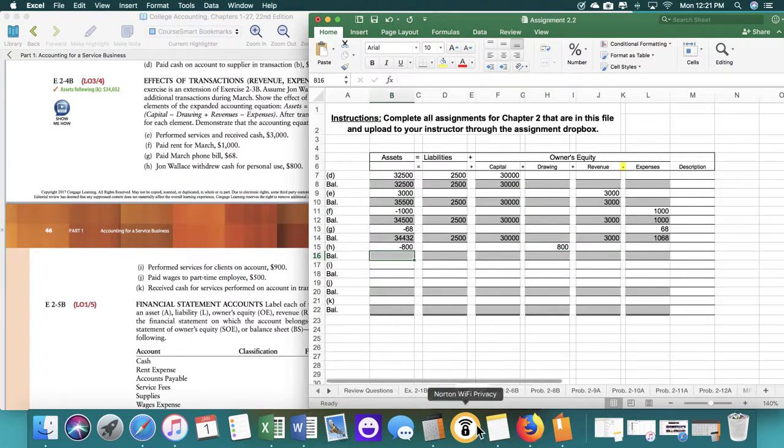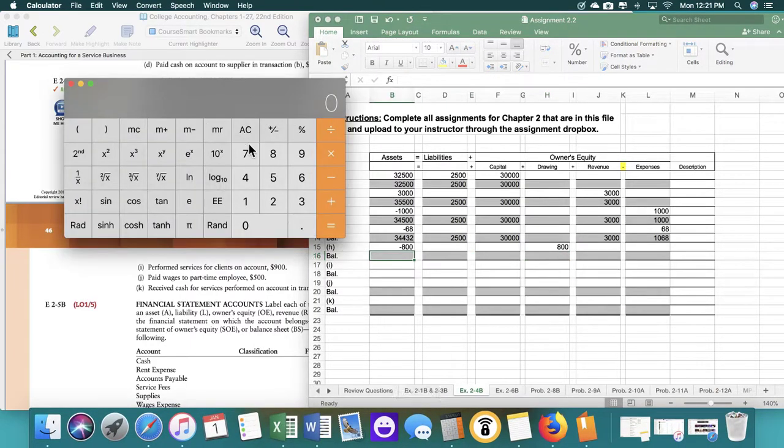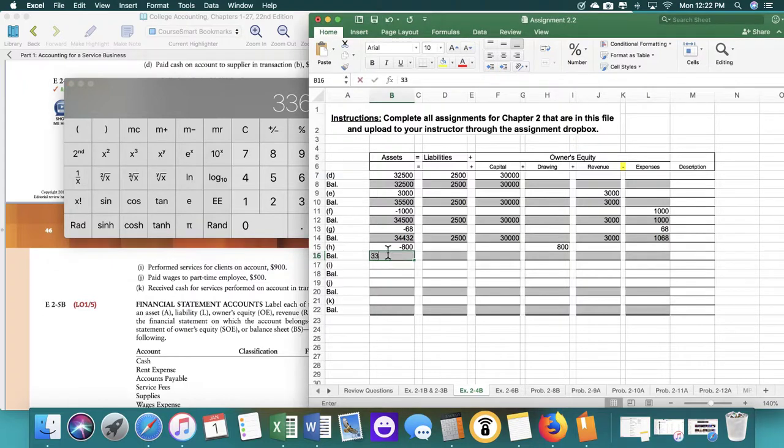So again, let's break out the calculator. 34,432 minus 800 is 33,632. So the other amounts pretty much stay the same, except we have $800 now in the drawing account, $3,000 still in revenue, and $1,068 still in the expenses.